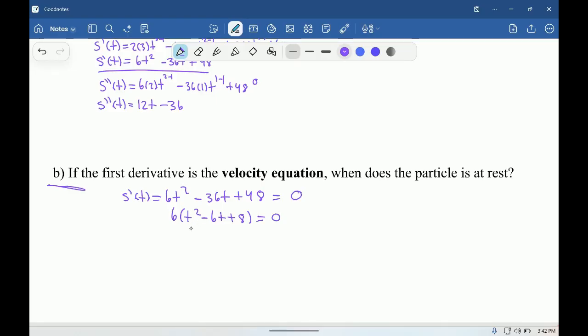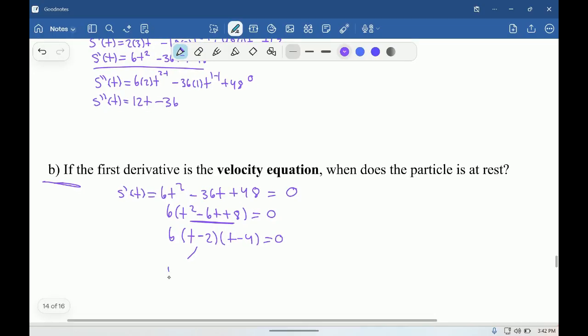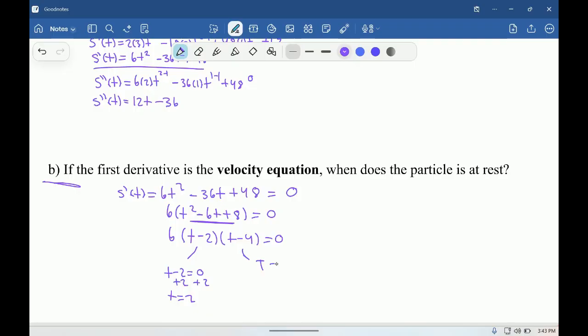And we're going to want to factor this right here. We're going to keep the 6 right next to it. This is going to be 6(t minus 2)(t minus 4) equals 0. And then we're going to solve for these. t minus 2 equals 0, plus 2 plus 2, t equals 2. t minus 4 equals 0, plus 4 plus 4, t equals 4.